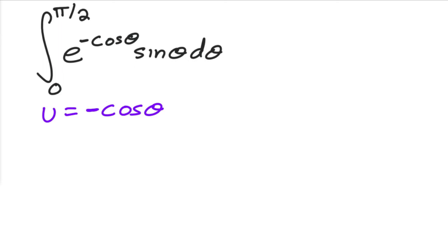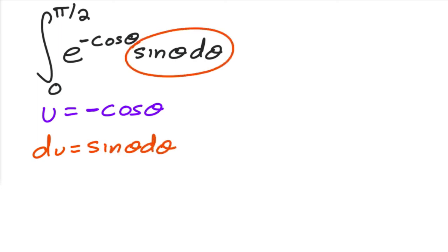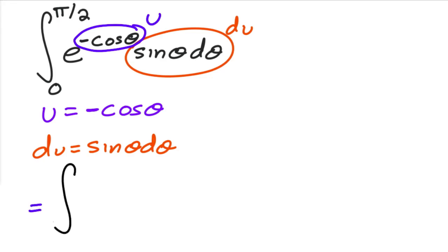So we're going to make that equal to u, and so then du is equal to the derivative of this, which is just sine of theta d theta. So we have du here, and then we have u up here. And so then we're going to do what I said we were going to do. So here we're going to have e to the u du, but then we're just going to switch these limits from 0 to pi over 2. I'm going to turn them into u values, and we're going to do this in our head.